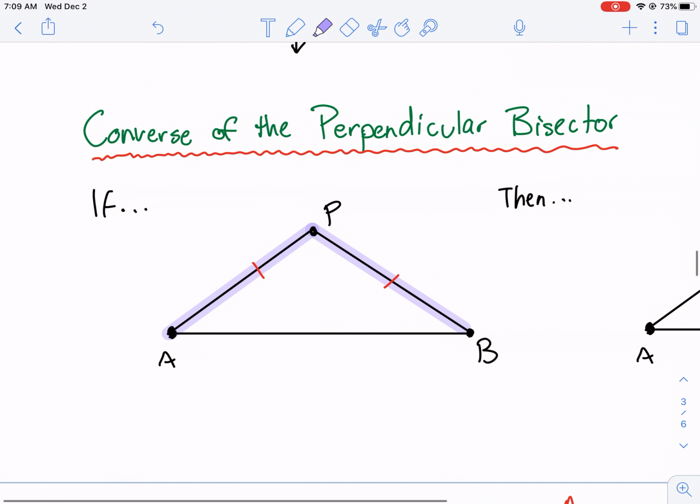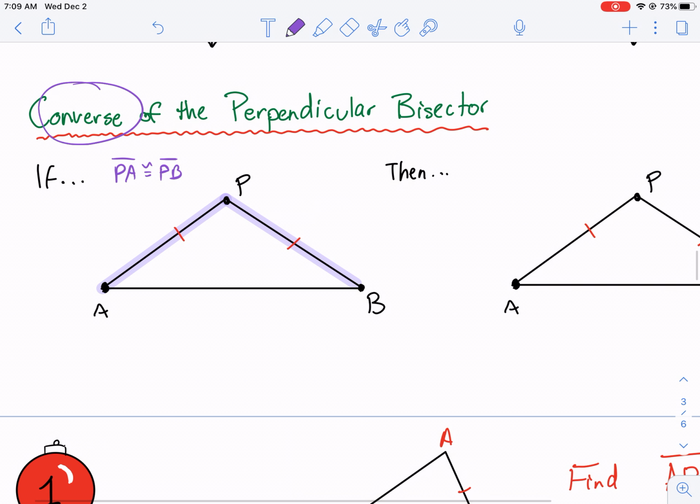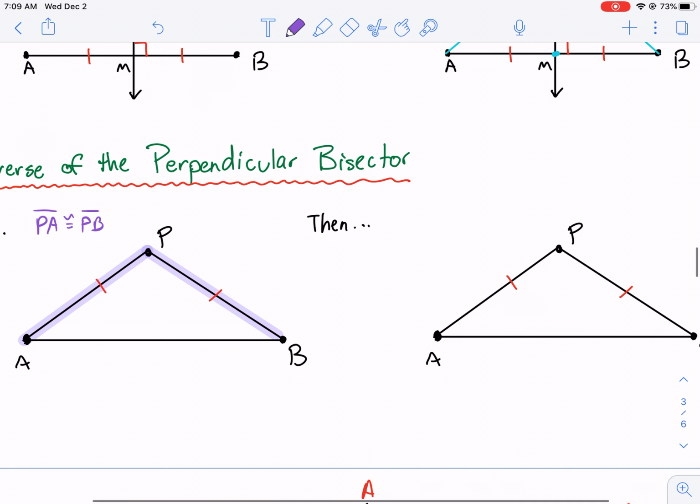So anyway, if PA is congruent to PB, then what do we know? Well, this is the exact opposite. This is the converse, meaning we go backwards.